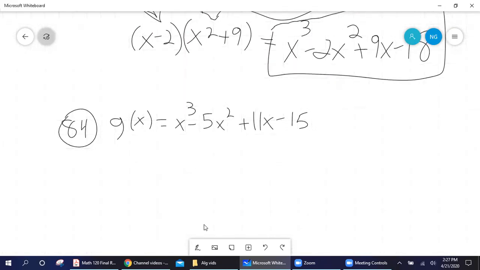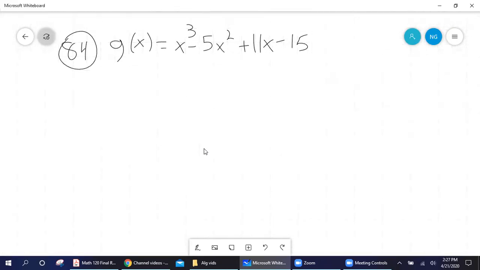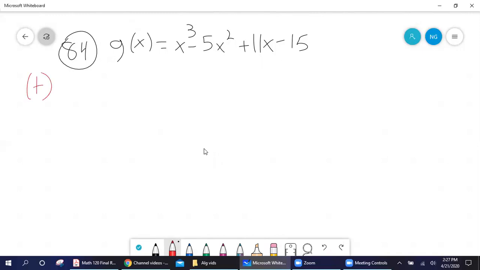For number 84, we're using Descartes' rule of signs to figure out the possible positive and negative real zeros of this. So the first thing I do is to deal with the positive possibilities. I look at the sign changes of g of x. The first term is positive, positive x cubed.